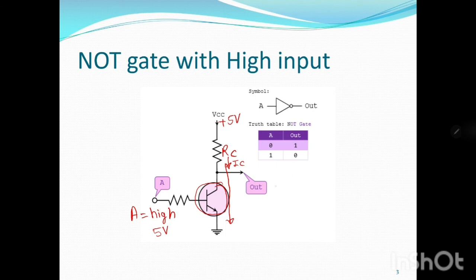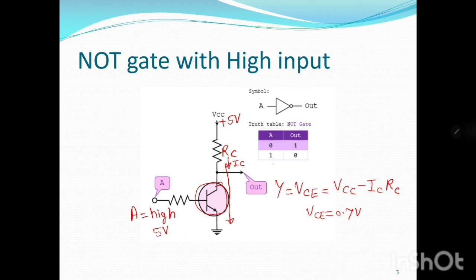Therefore, output voltage Y is equal to VCE, which is equal to VCC minus this ICRC drop. As there is conduction of current, this VCE is very small, that is 0.7 volt, means your transistor is in saturation, that is considered as a low voltage.